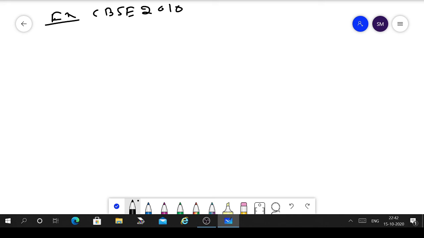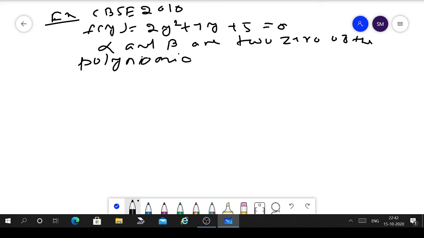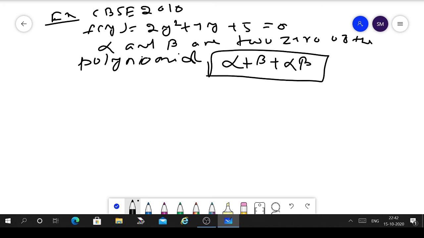If alpha and beta are the zeros of the polynomial f(y) given as 2y square plus 7y plus 5 equal to 0, we have to find the value of alpha plus beta plus alpha into beta.